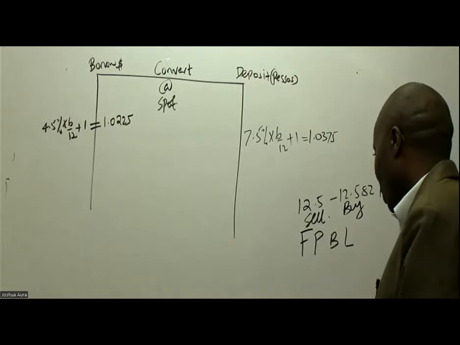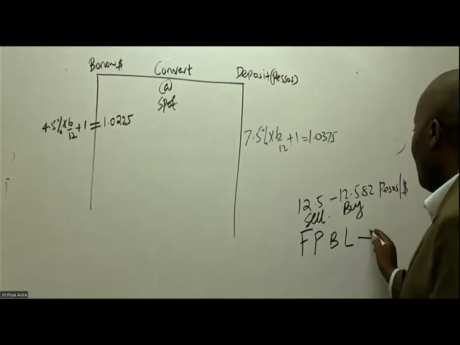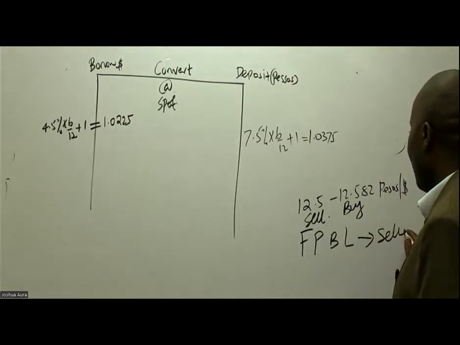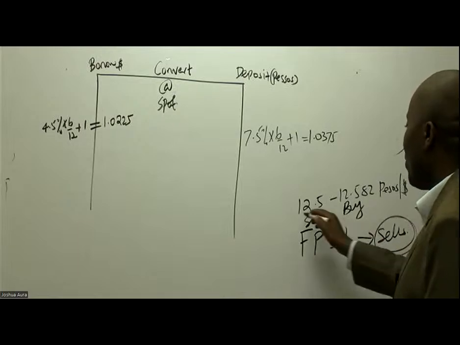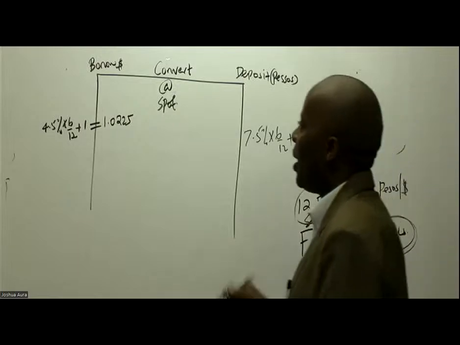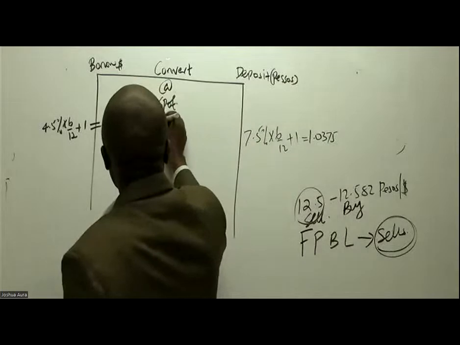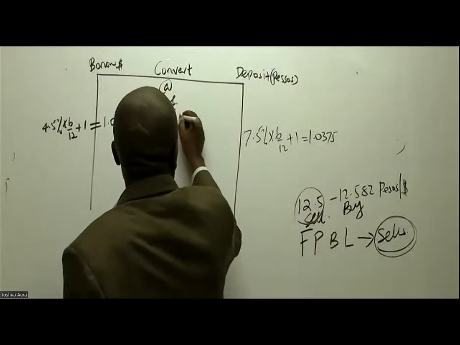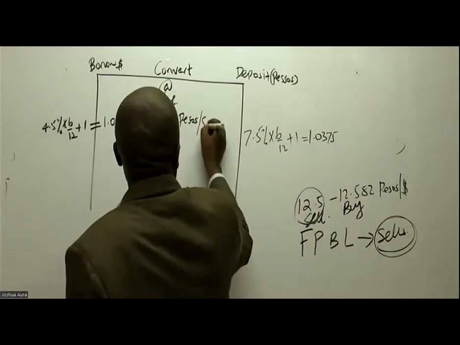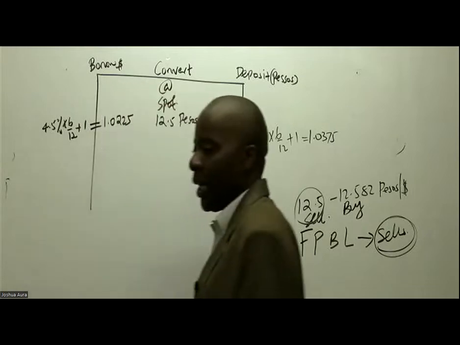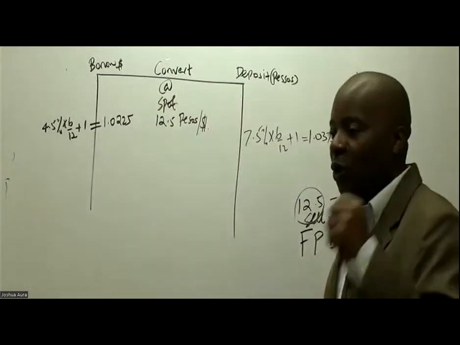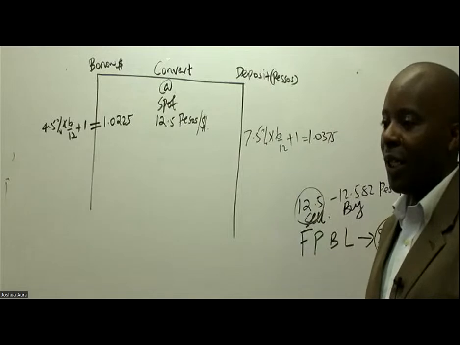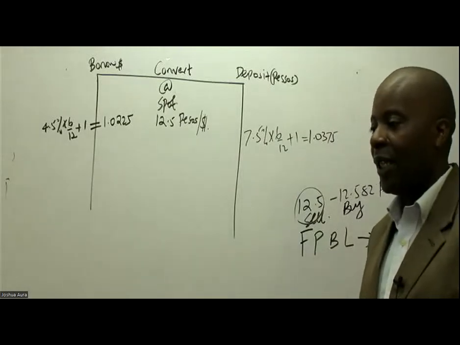So this one here must be sells, and because it's a selling question, we pick what you told me. So convert at spot, which is 12.50 pesos per dollar. Thank you so much. I thought I would give you a technical knockout. You have survived. You guys are geniuses.